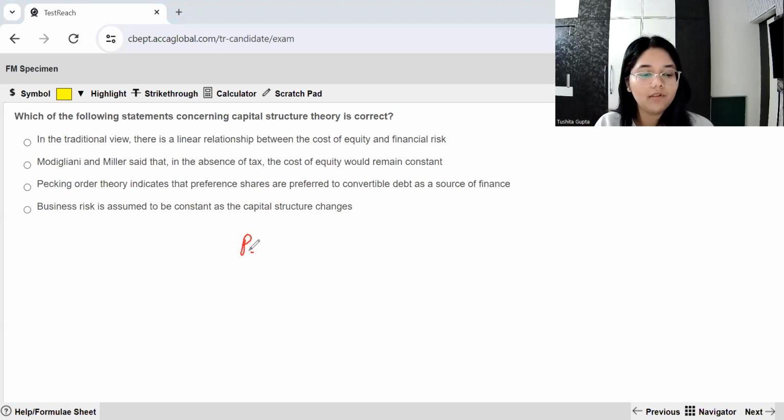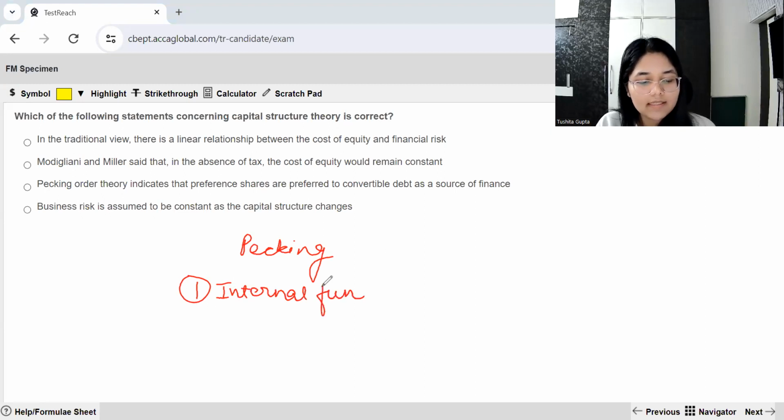Now, when we talk about the pecking order theory, according to this theory, this has given us the sequence in which it is preferring which source of finance to use. So the first preference is that you use your internal funds. The second preference is that you use your debt. Third is using convertible debt.